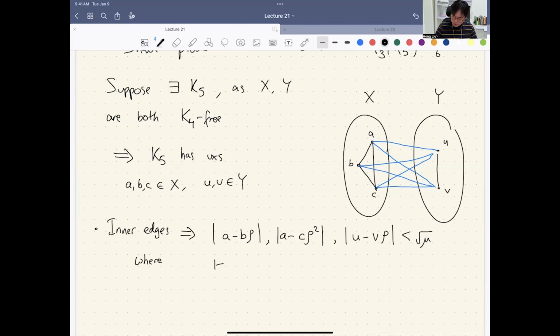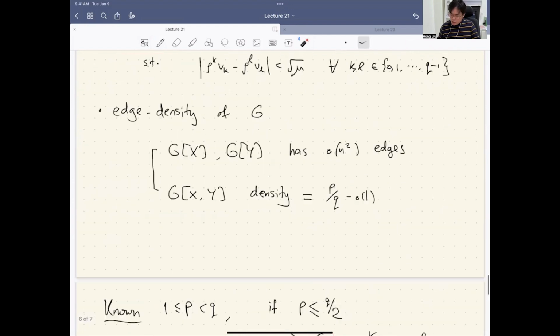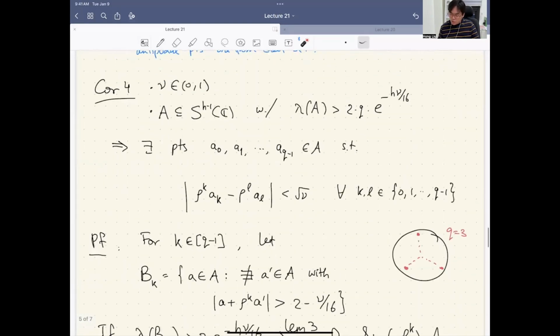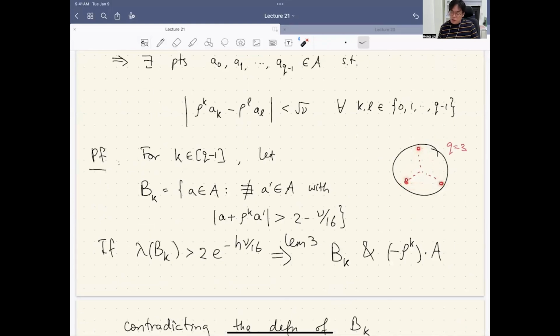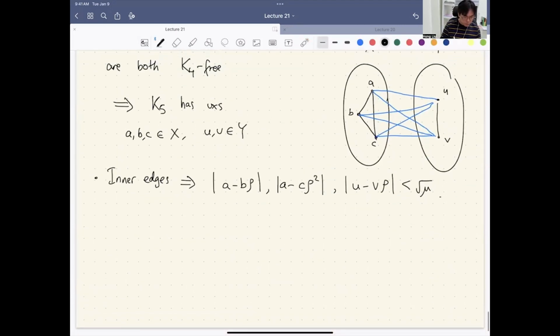Okay, let me now write this. Now, the first thing to notice is that whenever you have a triangle, it must sit nicely at the 3 corners. Then if you sum them up, they are balanced. You sum them up, it's very close to the origin. They have small norm. So the sum of the 3, ABC, has small norm. That's easy to prove.